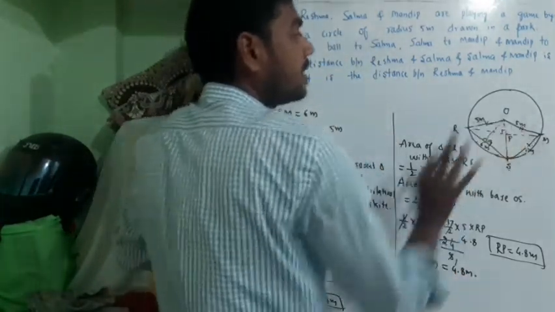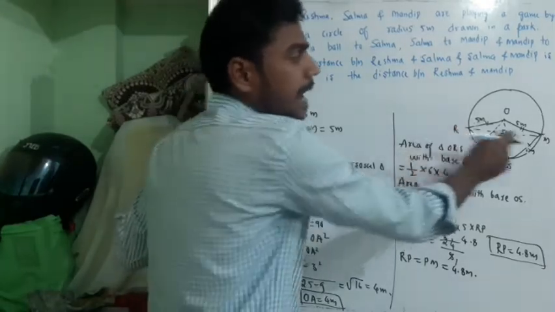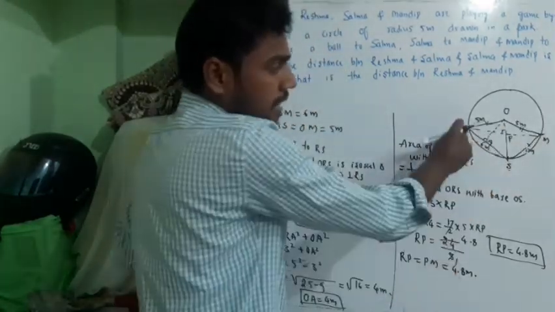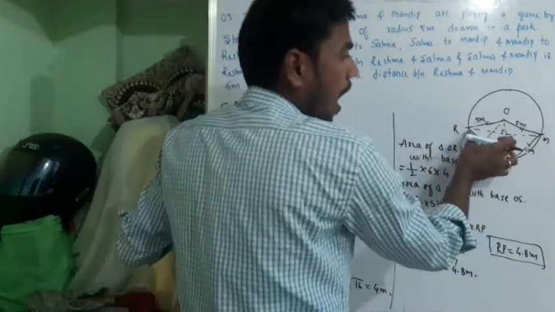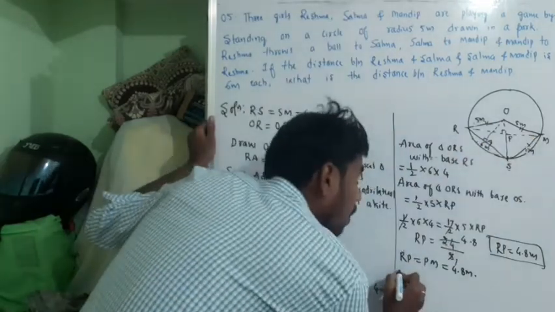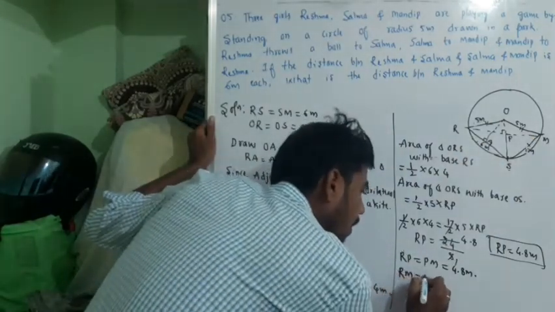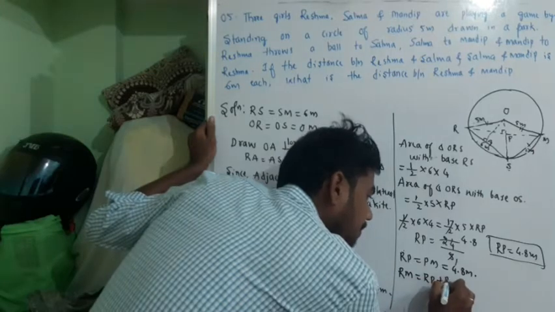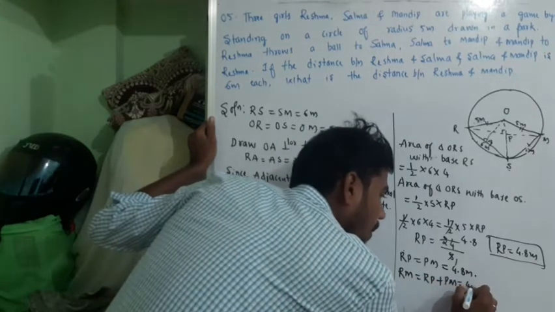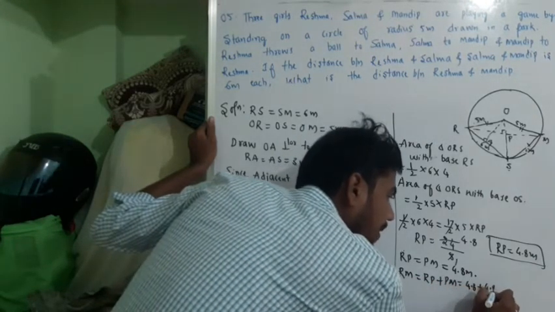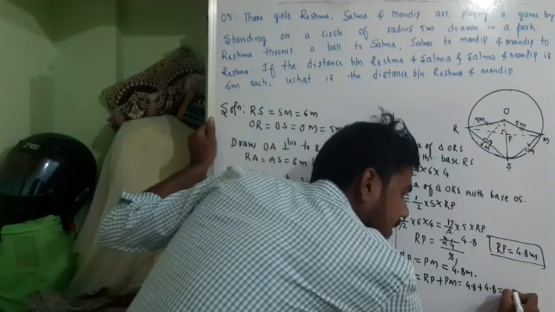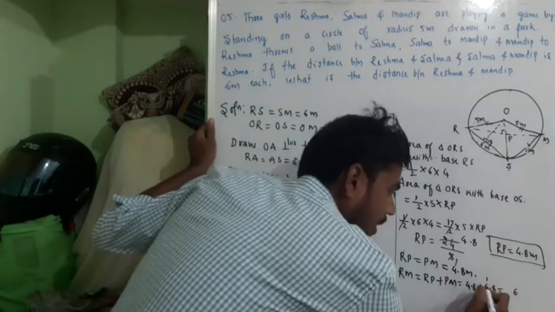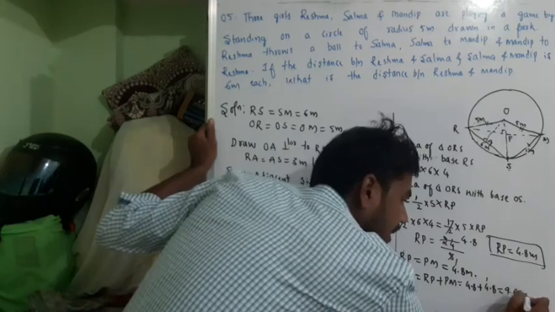Now what we want? We want the distance between Reshma and Mandeep. This distance between Reshma and Mandeep is equal to RP plus PM. So RM is equal to RP plus PM, which is equal to 4.8 plus 4.8, which is equal to 8 plus 8 16, carry 1, 9.6 meter.